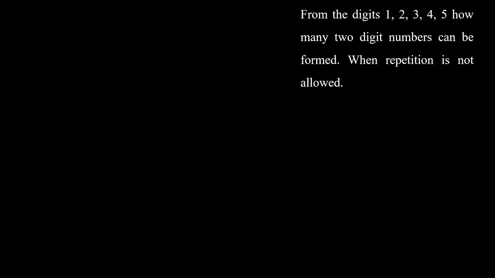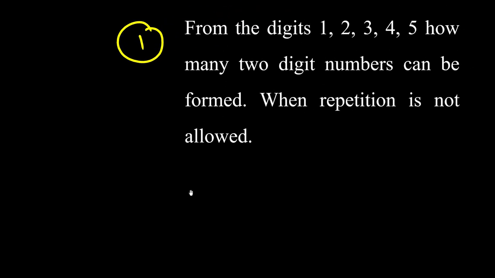Now we'll go for the questions. I'm starting with a very basic question. From the digits 1, 2, 3, 4, 5, how many 2-digit numbers can be formed when repetition is not allowed? 2-digit numbers using 1, 2, 3, 4, 5 when repetition is not allowed.